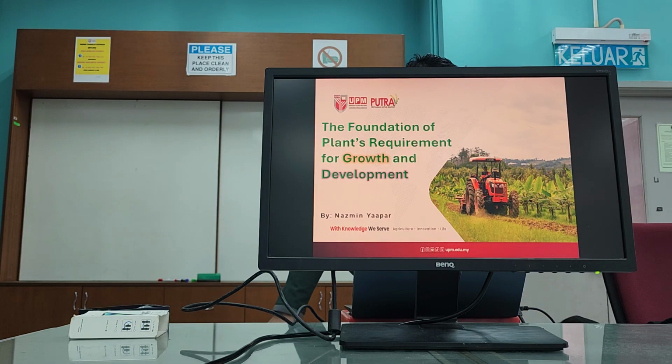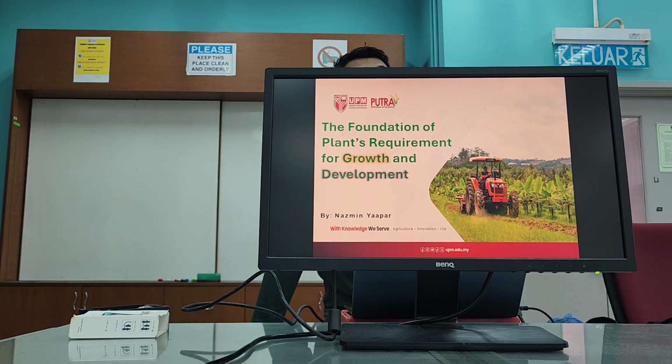So it's basically dealing with understanding how the plant functions, so that being in the agriculture industry, you can do something to improve the crop production. It has to start with plants first.